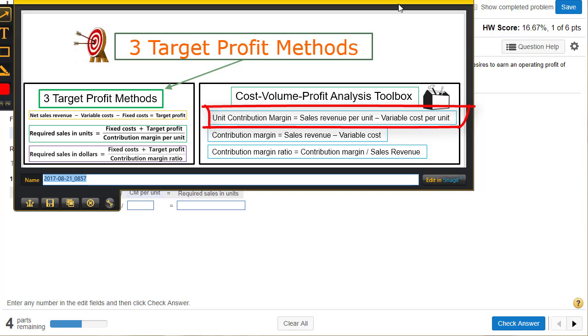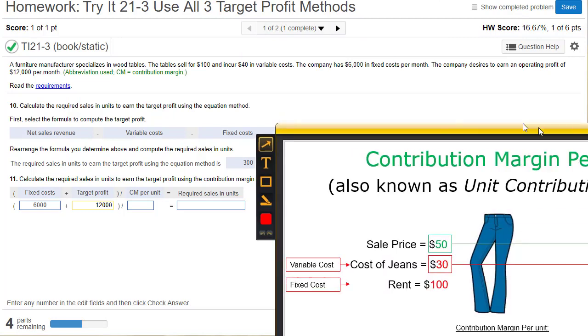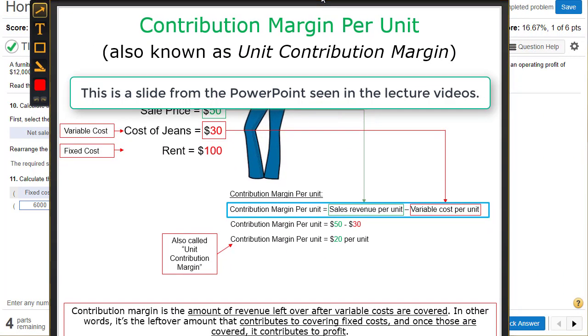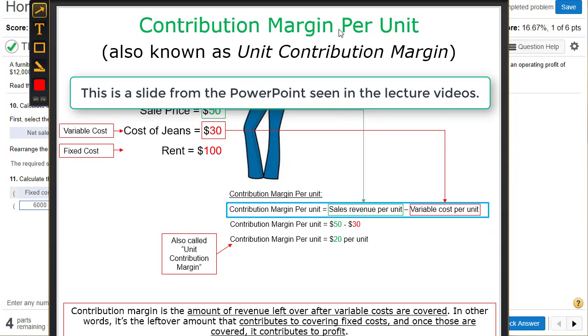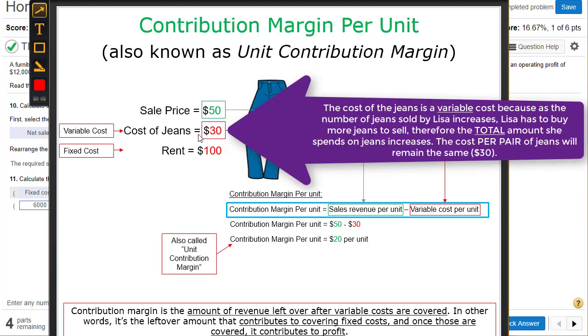Now I want to go back to the slide that shows that, because this might make it even more understandable. So contribution margin per unit. Remember when Lisa is selling the jeans for 50 bucks and the jeans cost her 30 bucks. So the cost of the jeans is a variable cost because the more jeans she sells, the more this cost is going to go up. And the fewer jeans she sells, this variable cost will go down.